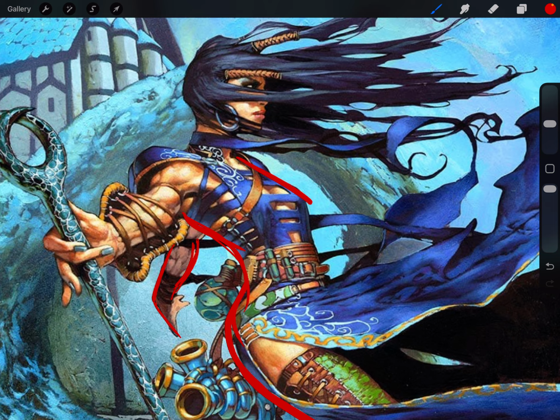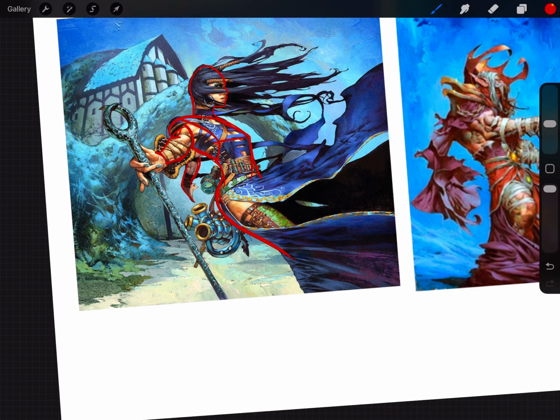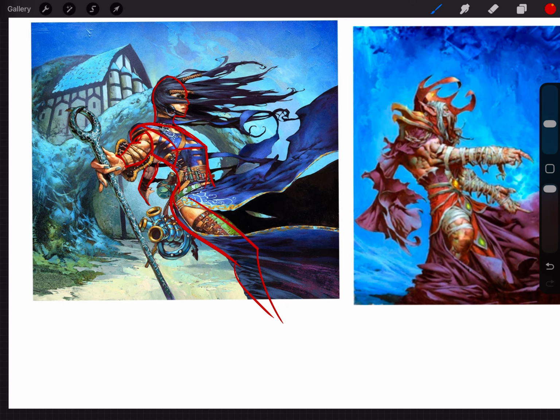Now with the chest here, I guess you could say that in a lot of ways this is also a curve. But even when I look at the curve, so if I draw over this, and I see the dimensions here.